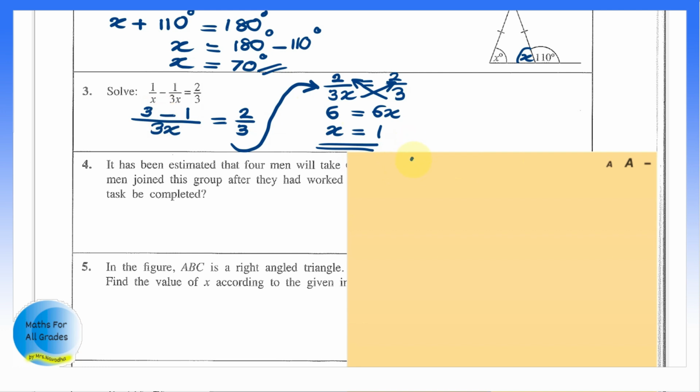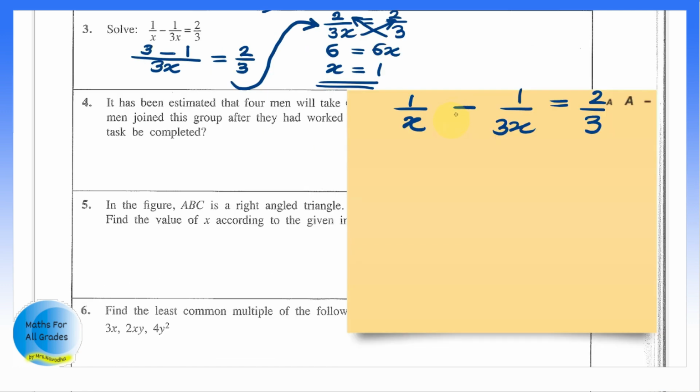Solve 1 over x minus 1 over 3x equals 2 over 3. Solve means find the value of x. And on the left side, you can see there are fractions with x terms. So those are algebraic fractions. When it comes to addition or subtraction of fractions, we have to make sure the denominators are equal.